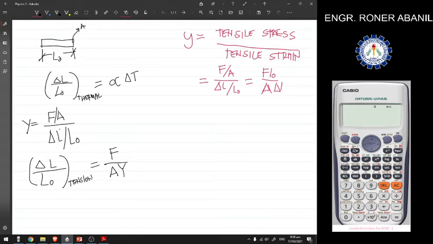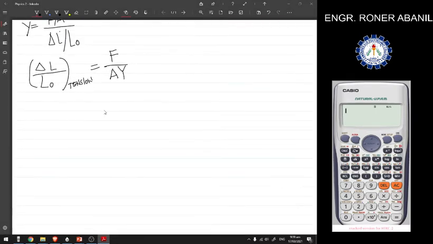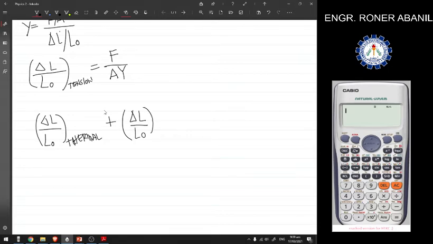So, ano mangyayari ngayon? Kung ganun, i-equate natin so ng change of L over L0 na thermal, yung galing sa formula natin kanina, plus change of L over L0, or initial length, pero ito naman is tension, is equal to alpha change in temperature, plus F over AY.